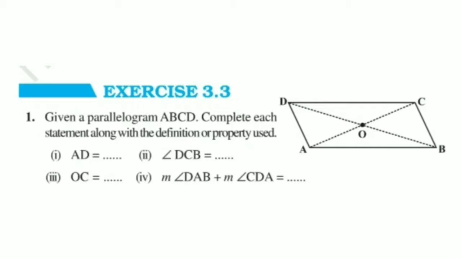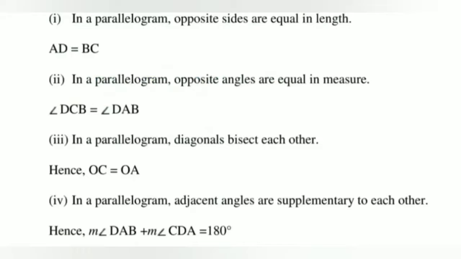So you have to see the parallelogram and give the answer. Like the first one is AD. AD is a side. Which one is the opposite side? BC. So we can say AD is equal to BC because opposite sides are equal in length.